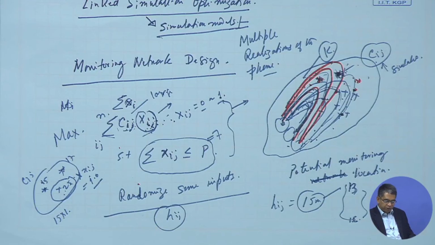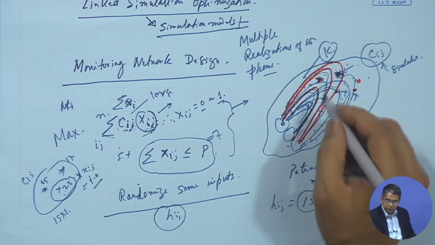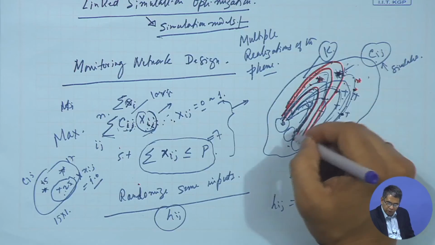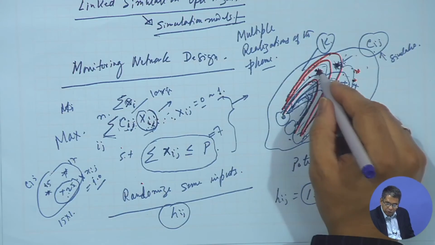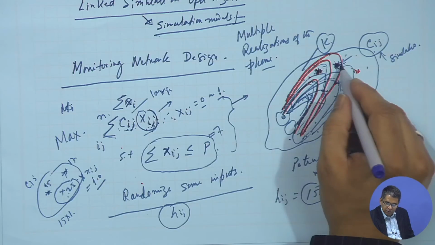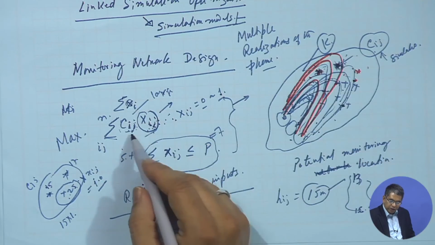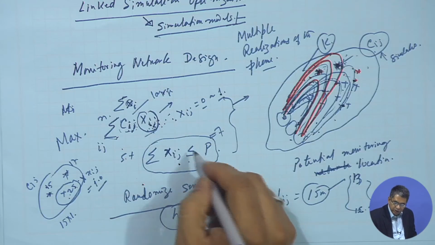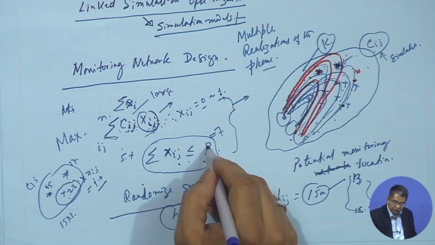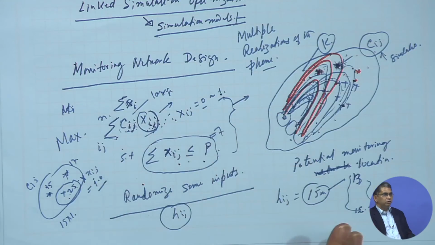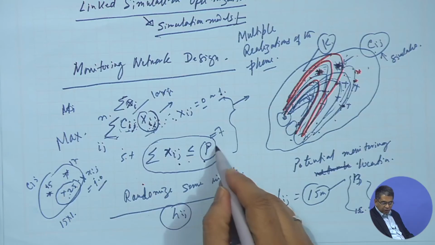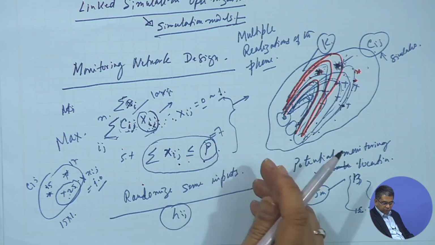Though this may not be the best objective function, I will have these uncertain simulated plumes, and then I take at this point the corresponding concentration, at another point the concentration, and based on that I try to maximize this, subject to the condition that the total Xij is less than or equal to p. That means only 7 Xij values can be 1, and the rest will all be 0. Okay, 0 1 variable. So 7 or 5, whatever it is, will be equal to 1 and the rest equal to 0, because I put a limit on the number of wells that will be installed for monitoring.